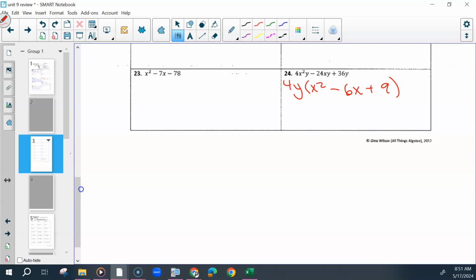9. So now we have a trinomial where the first term is squared. That is your a equals 1 trinomial, where you're looking for two numbers that multiply to be 9, but add to be negative 6.